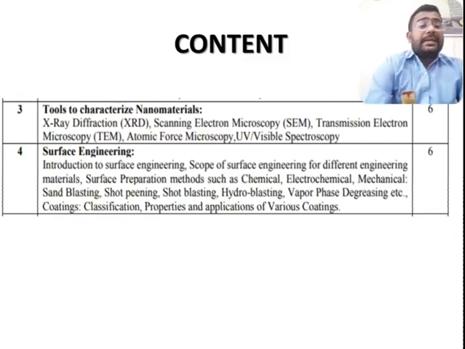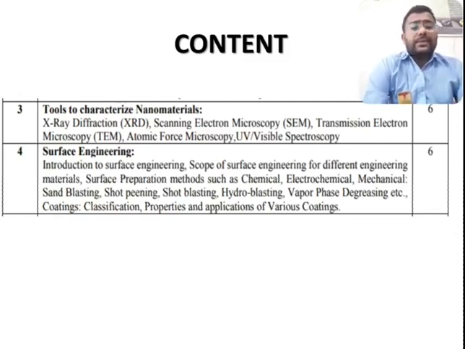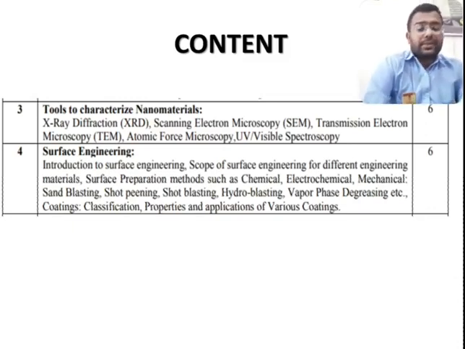Other methods we will use for checking material properties or material defects. So we will learn these basic processes for characterizing nanomaterial, and as we know, 6 hours of lectures will be covered from this topic.